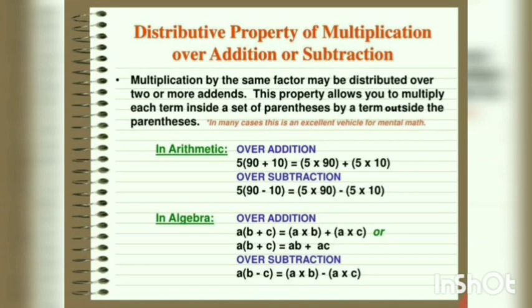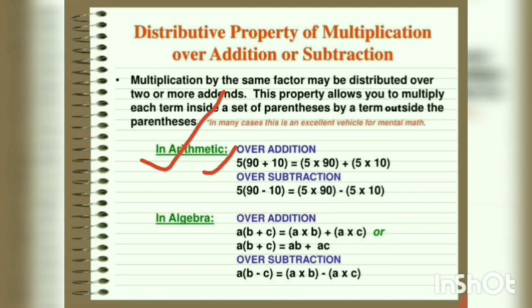Let us see this with the help of an example. Firstly, we will discuss the distributive property of multiplication over addition. Here, consider yourself as 5, because it is your birthday and you are distributing the toffees, so you will be outside the bracket.